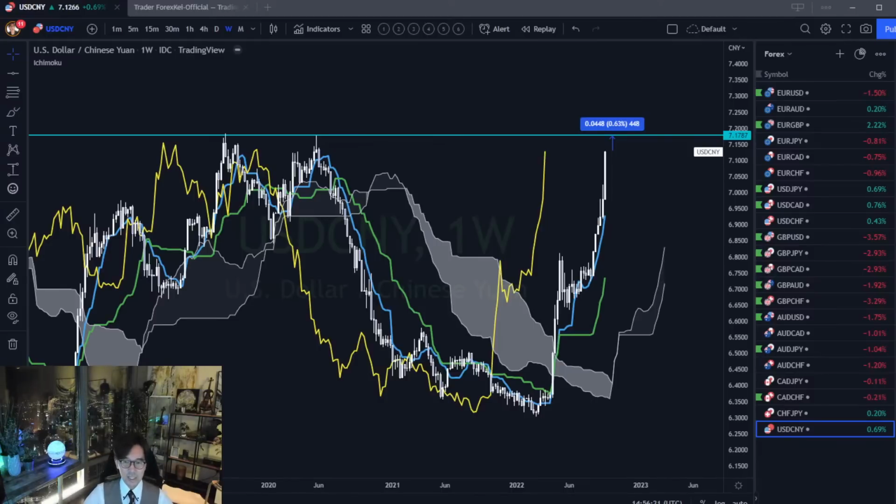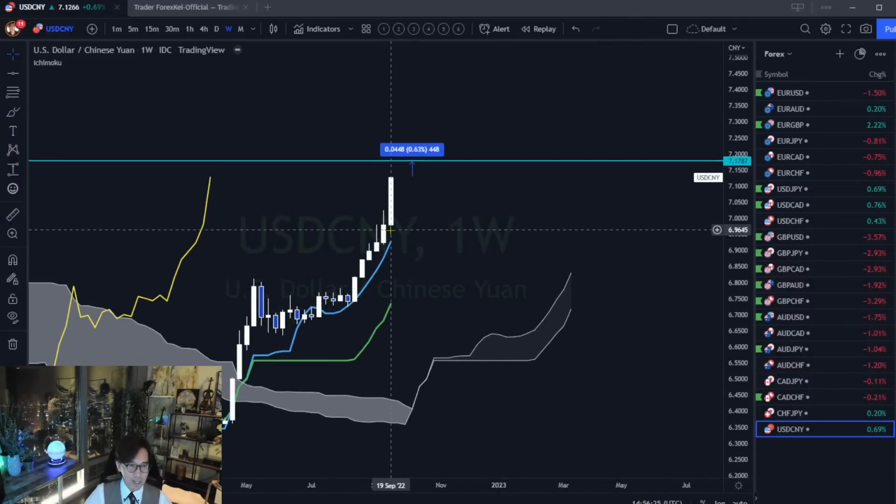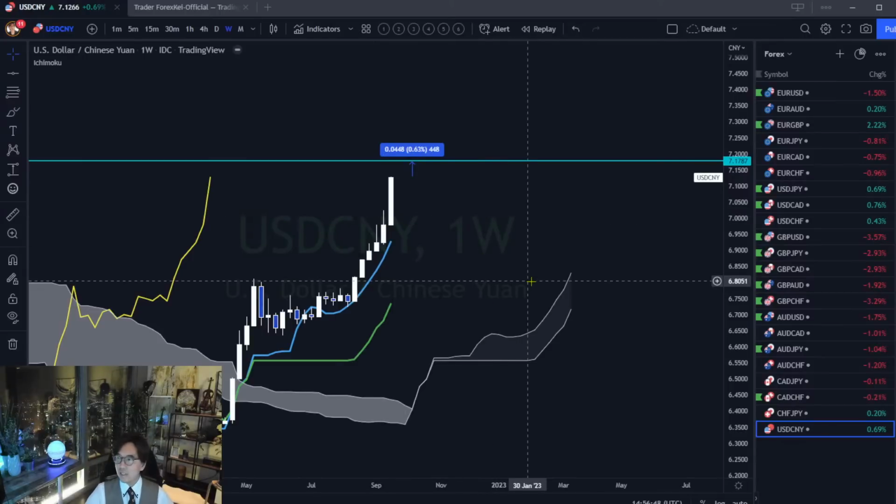For example, USD CNY last Friday went all the way up like this, but along the way it may spike, and you will see a big spread at the broker during the news. So you may not really be able to get all the pips in one day on the news. That's why I don't trade by the news anymore.